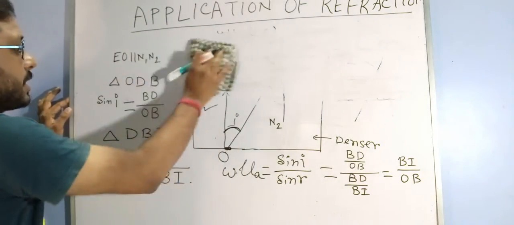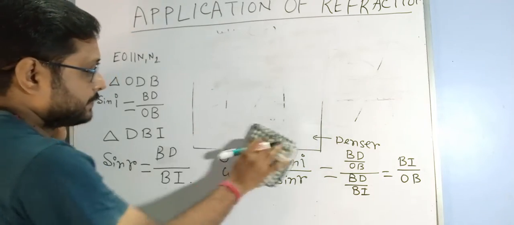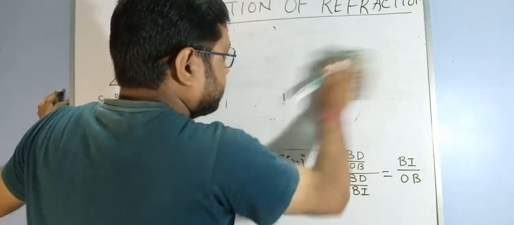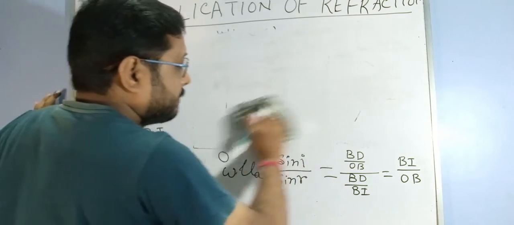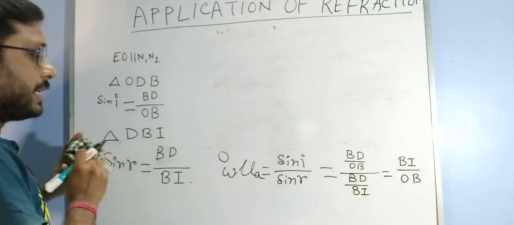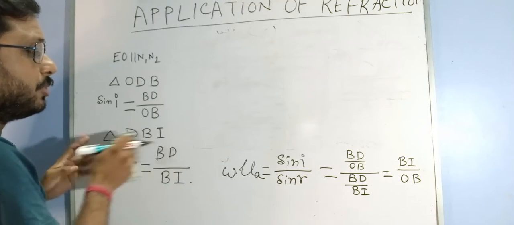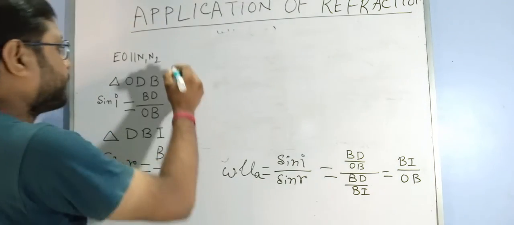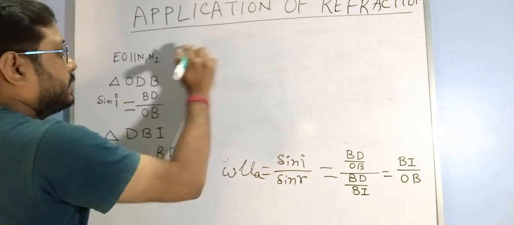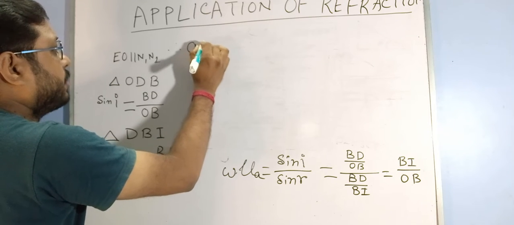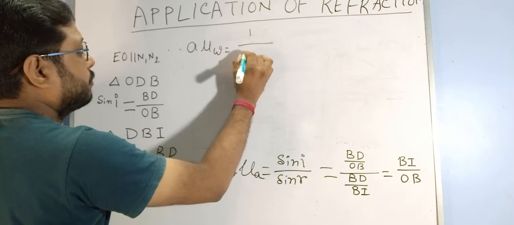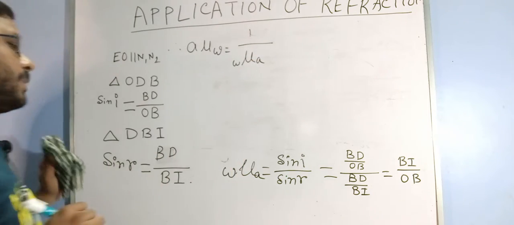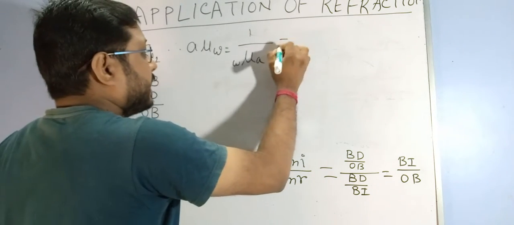So what can we get? As we do not need the picture right now, we can wipe it out. We finally get W mu equal to BI by OB. Therefore, A mu W is the reciprocal of W mu A, that is OB by BI.